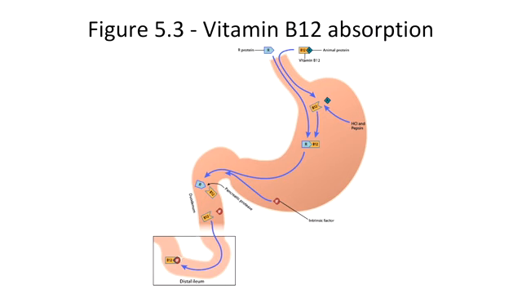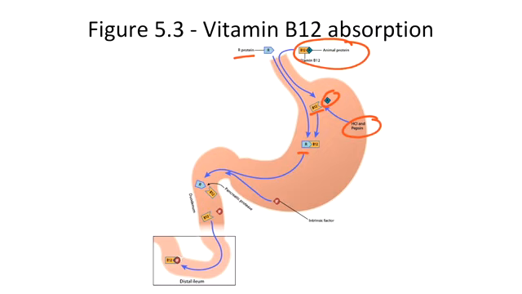This is figure 5.3 from your text, which shows how vitamin B12 is normally absorbed. As I mentioned earlier, R protein is produced from the salivary glands. When B12 from animal protein enters the stomach, the acid, along with pepsin, separates the protein from vitamin B12, which allows R protein to bind to vitamin B12.